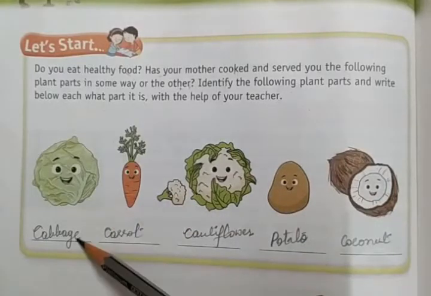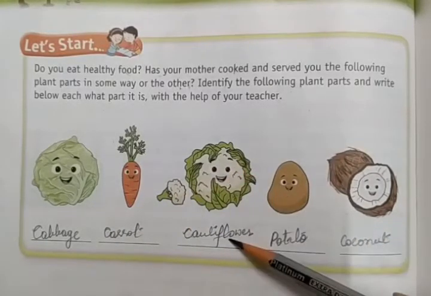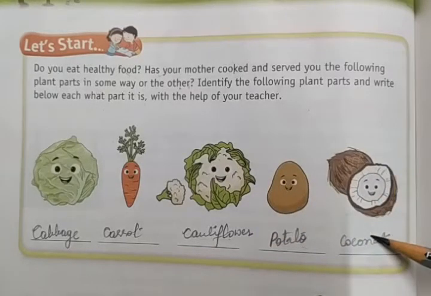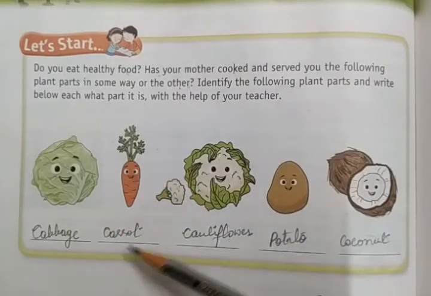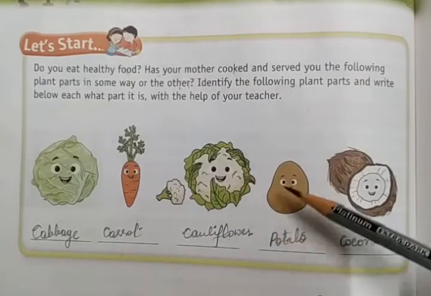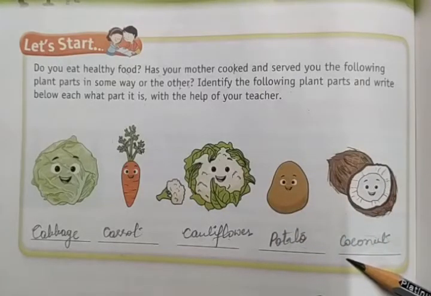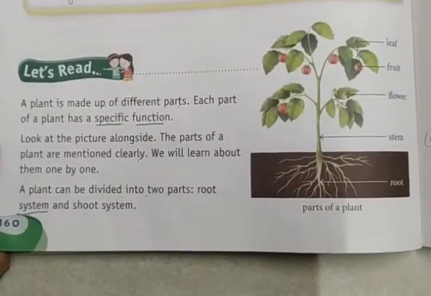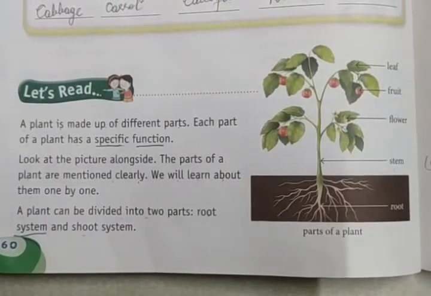This is cabbage, this is carrot, and this is cauliflower, this is potato, this is coconut. Okay, right? This is the flower, this is the root, and cabbage is the flower, potato is the root, and coconut. Right? Clear? So let's learn in detail about the plant, parts of plants and its functions.